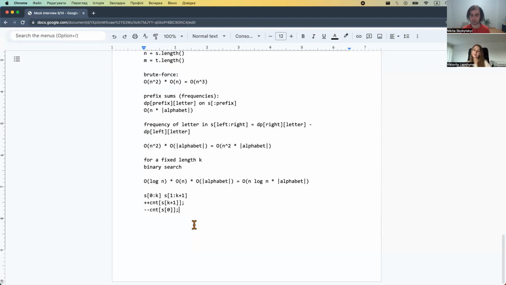So we can just compute frequencies here once in O of k time, and then for each next string we can transition from one to another in O of 1 time.